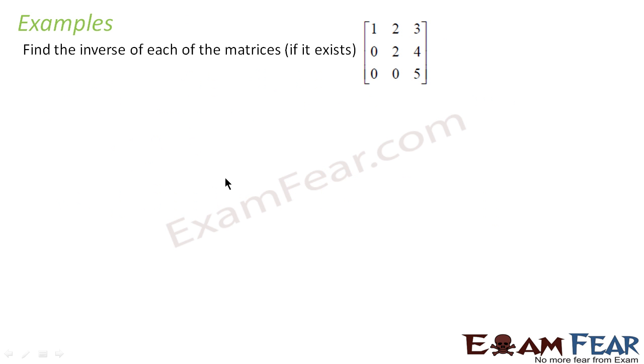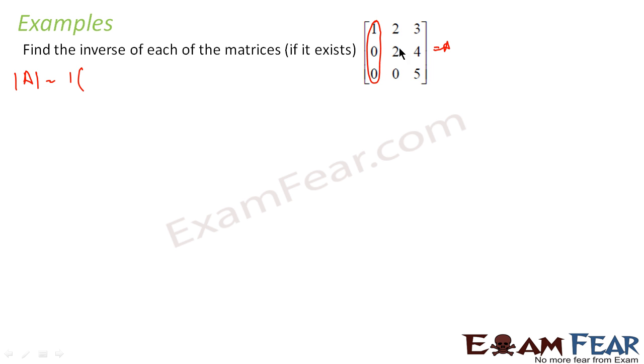A similar question, instead of 2 by 2, we have a 3 by 3 matrix. Little lengthy. Here we have to find the inverse if it exists. If this is A, let's suppose, the first thing we have to find is the determinant of A. I'll find the determinant along this row because I have two zeros here.